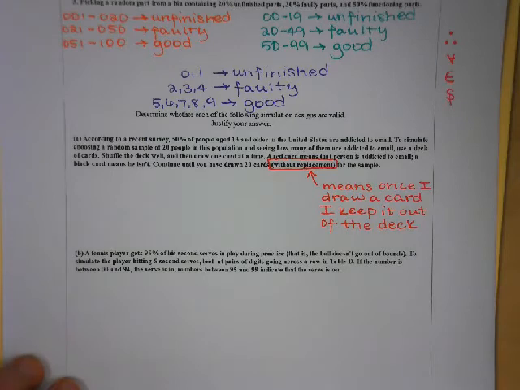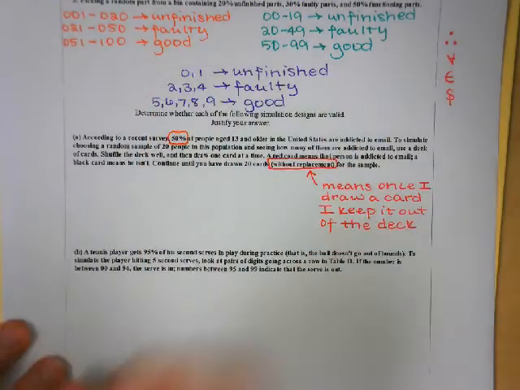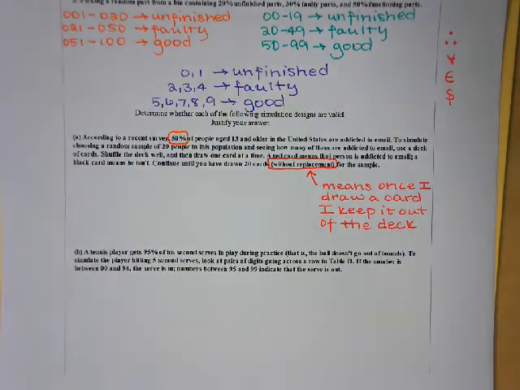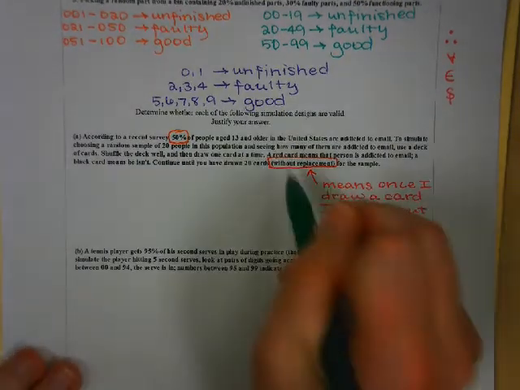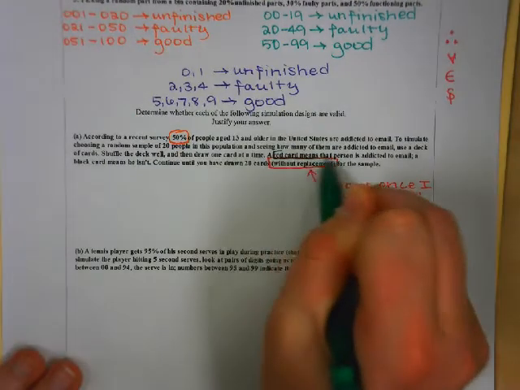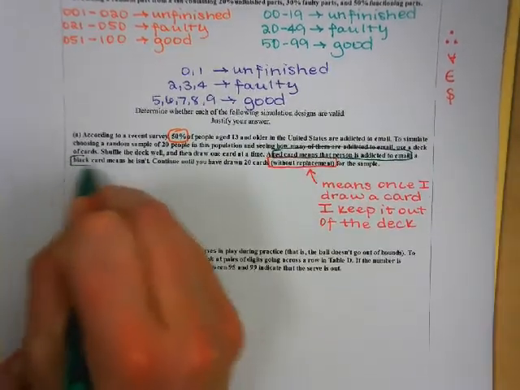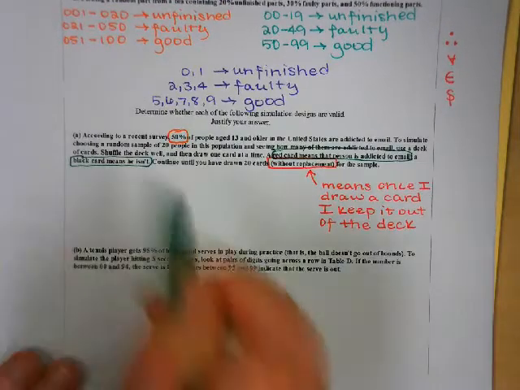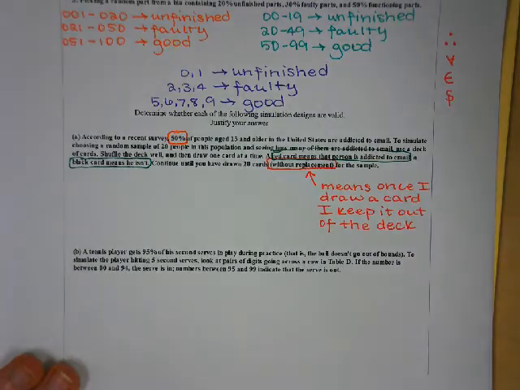Now we want to simulate 50%. They say that a red card means addicted to email and a black card is not. Is that 50%? If I split a deck to red and black, is that 50%?